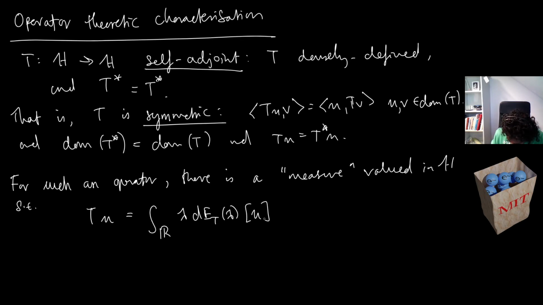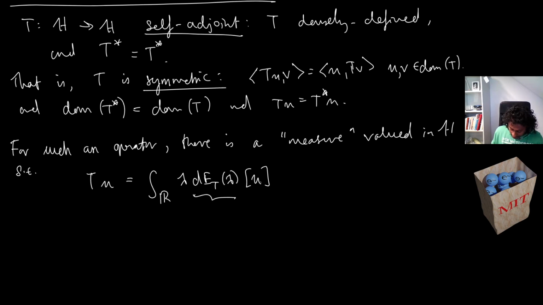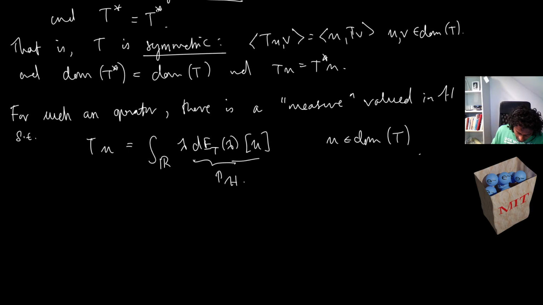Now, the measure is this object here, right? And it's evaluating some u in the domain of T, and when we feed in some lambda, what we get out is another element in H. So this is what it means to be projection valued, and this is typically built using the Riesz representation theorem.